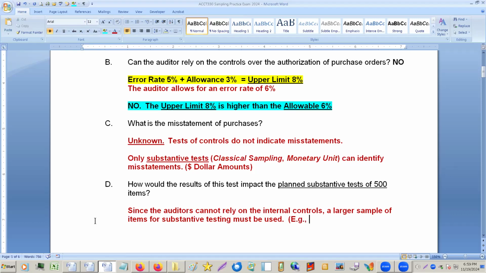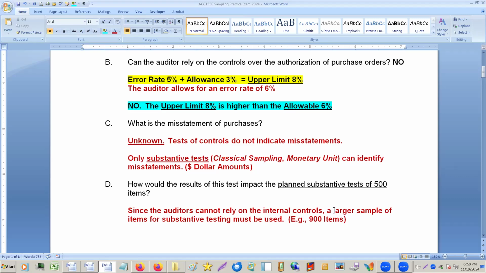I'm just making this number up, but maybe you have to pick 900 items. You have to make up for the fact that you cannot rely on those internal controls. You were hoping to, that's why you did the test of controls in the first place. But since they can't rely on them, they need to take a larger sample.